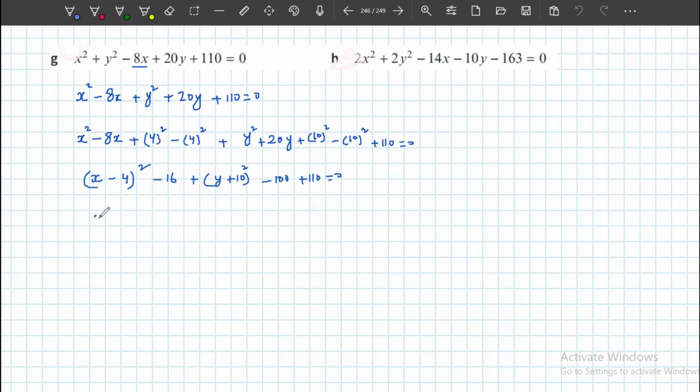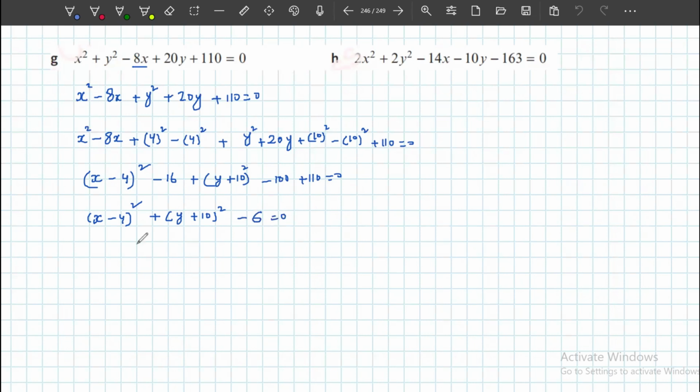And now we will do one more step, like (x minus 4) whole squared plus (y plus 10) whole squared. Just simplify: minus 16 minus 100 gives us minus 116, and minus 116 plus 110 gives me minus 6. If you simplify all this, okay, minus 16 minus 100 plus 110 gives us minus 6.